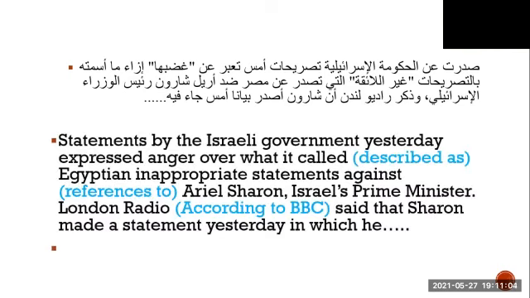Okay, here is the English. Statements by the Israeli government yesterday expressed anger over what it called Egyptian inappropriate statements against Ariel Sharon, Israel's prime minister.